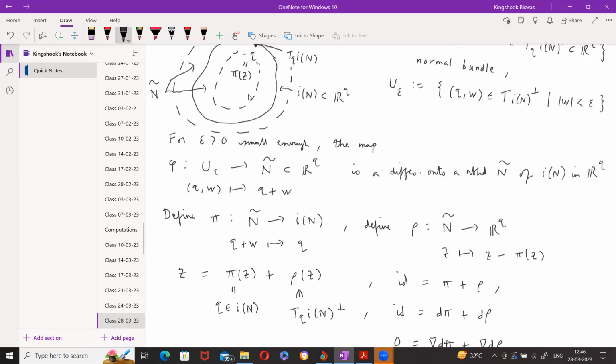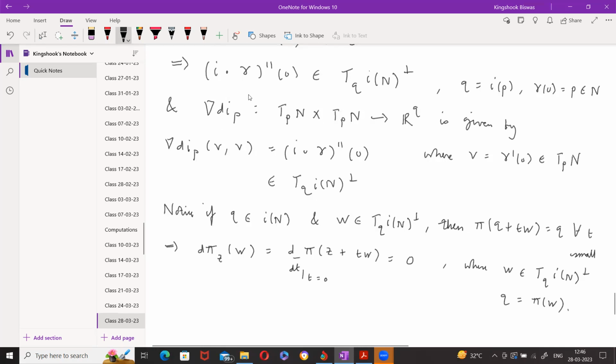So that tells me that this second fundamental form takes values in the orthogonal direction, and the derivative of pi maps the orthogonal direction to 0.